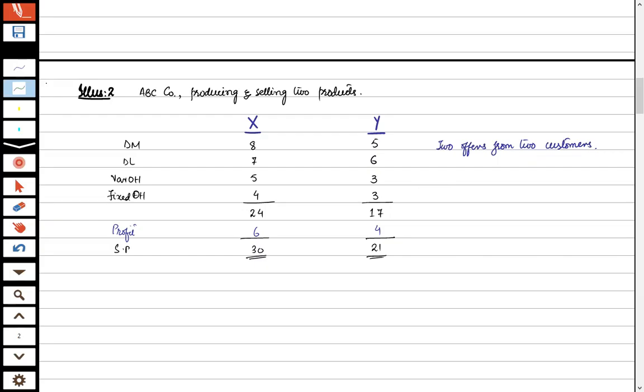One of them has offered to buy the X product, and another has offered to buy the Y product. One has offered for X product 10,000 units at $22 per unit, and another has offered for product Y 15,000 units at $1.16.